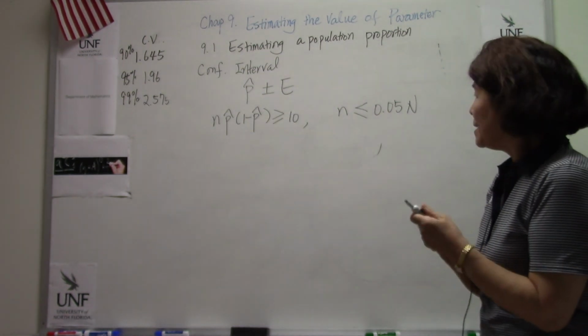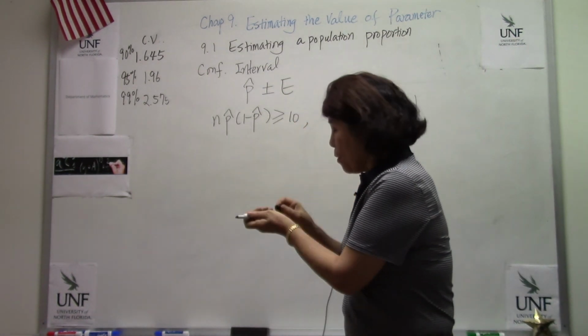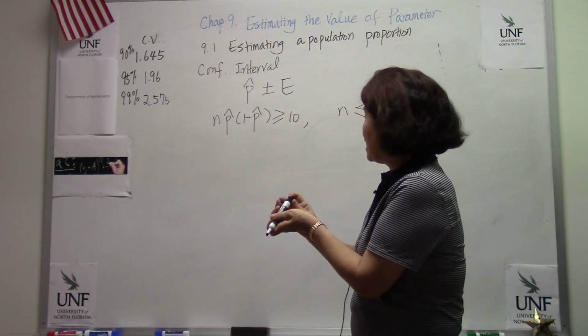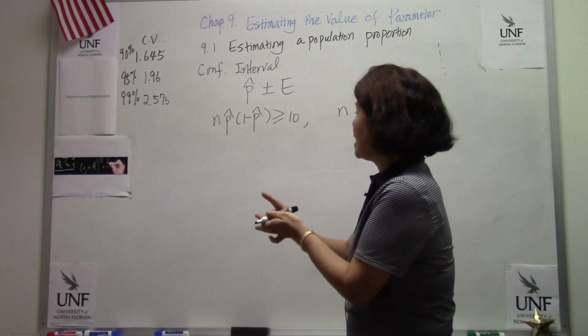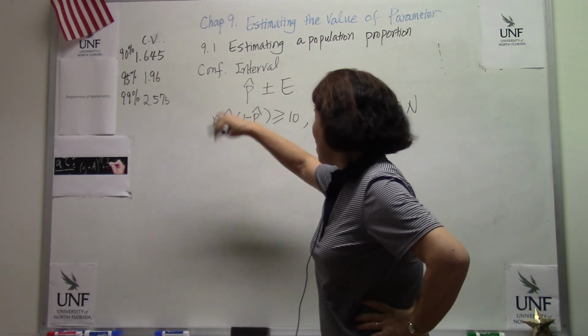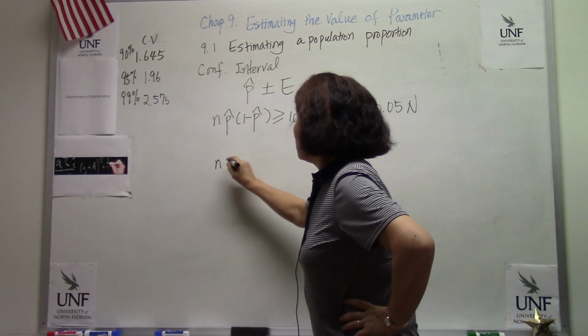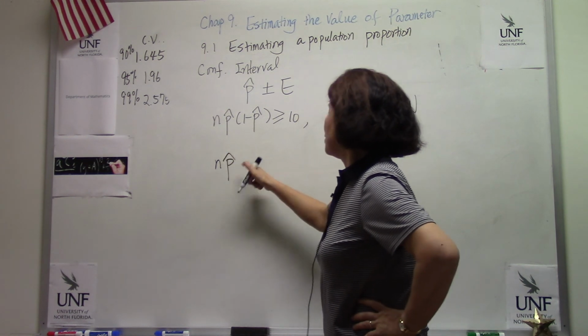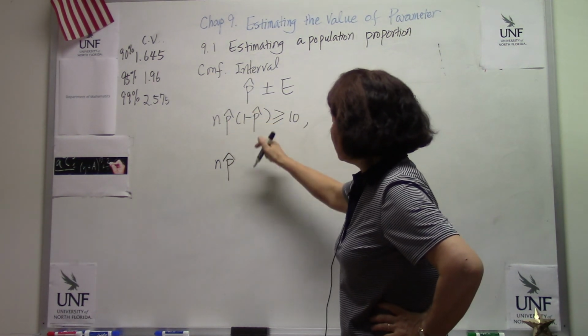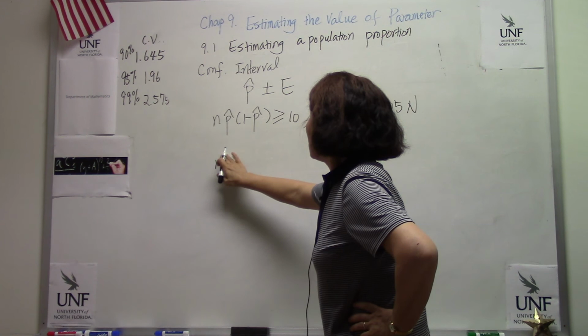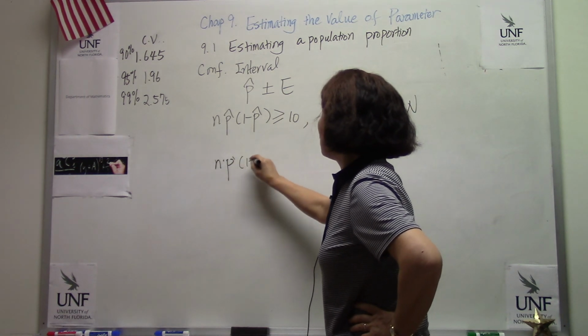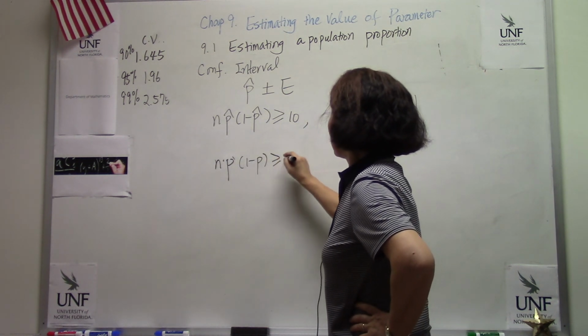Why is that? So look, do you remember when it was required? In the previous section or chapter, in order to have the sampling distribution of sample proportion be normal, in order to talk about this normal distribution, we had this condition.